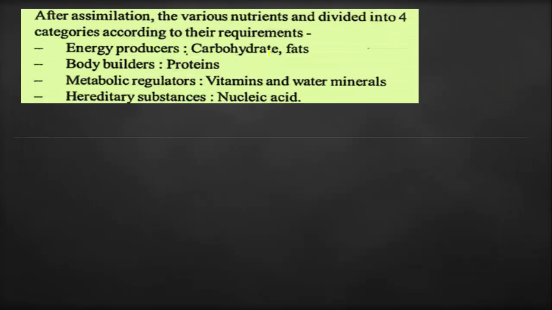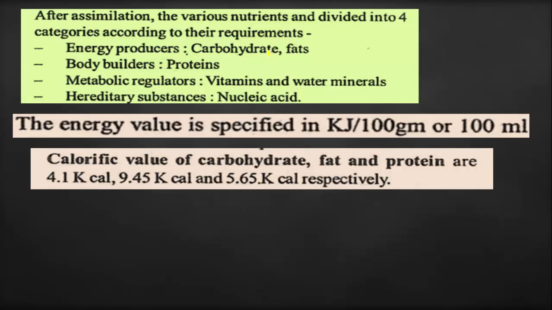Then the last point of today's video: see what happens finally to the absorbed materials after assimilation, where the assimilation is taking place in the tissues. The various nutrients are divided into 4 categories according to their requirements, because the food contains a variety of nutrients.